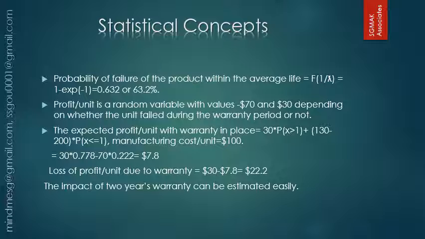But with a one year warranty, I'm making a profit of $7.80 only. So how much is the loss? Loss is $22.20. So the impact of the 1 year warranty on profit per unit, given the failure rate, is $22.20.